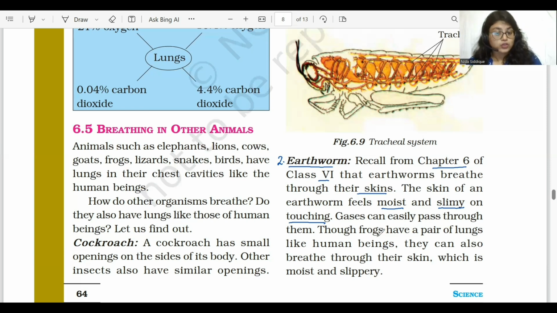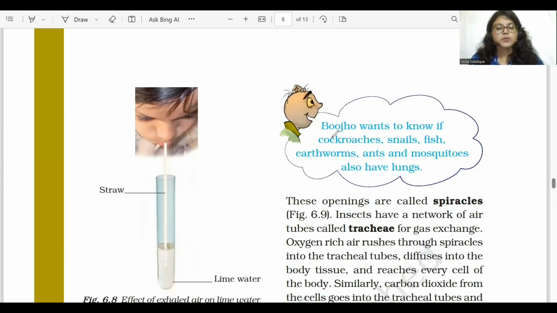Now, frogs, although they have a pair of lungs like human beings, can also breathe through their skin. And again, their skin is moist and slippery. Now, Buju has a very interesting question. Buju wants to know if cockroaches, snails, fish, earthworms, ants, and mosquitoes also have lungs.